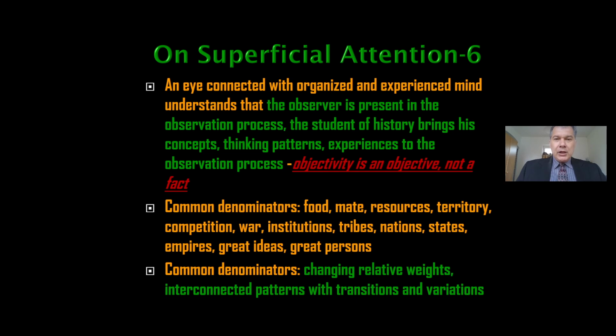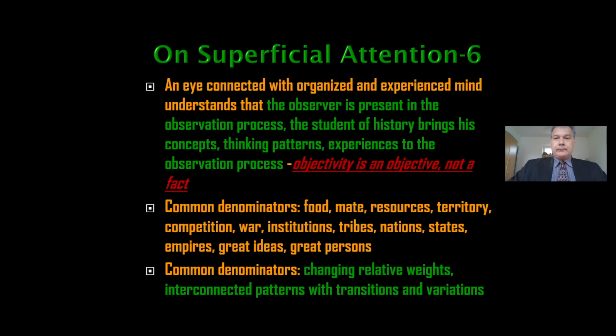So now you are trying to argue that there are common denominators: food, mate, resources, territory, competition, war, institutions, organizations, tribes, nations, states, empires, great ideas, great persons, and in the case of 2023, it's money, money, money.